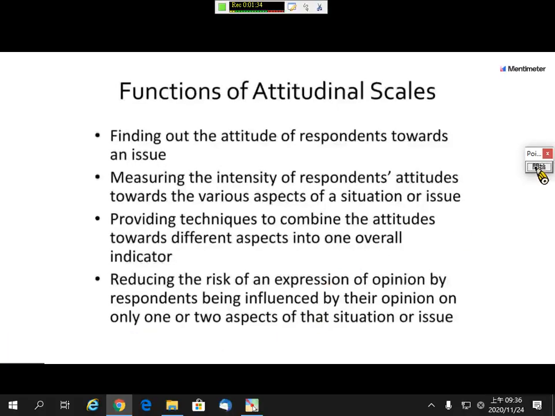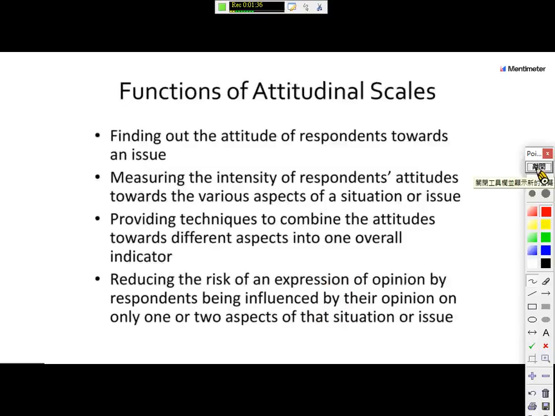Let's look at the first one: functions of attitudinal scales. What are they used for? If we want to find out the attitude of the respondents toward an issue, an attitudinal scale is good. And if you want to measure the intensity of respondents' attitude toward the various aspects of a situation or issue, it's good.